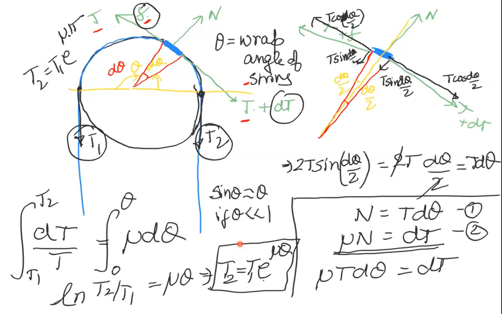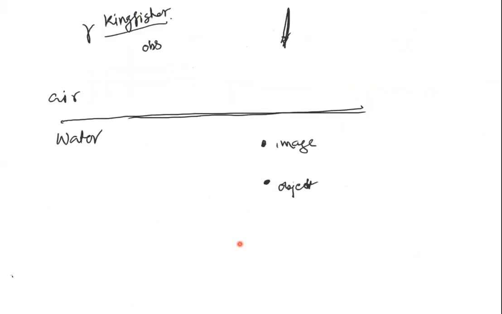And the exact same thing happens with the kingfisher. Although the kingfisher does not know the maths of Snell's law, it understands perfectly that if this is the image of the fish, the real location of the fish must be somewhere else.